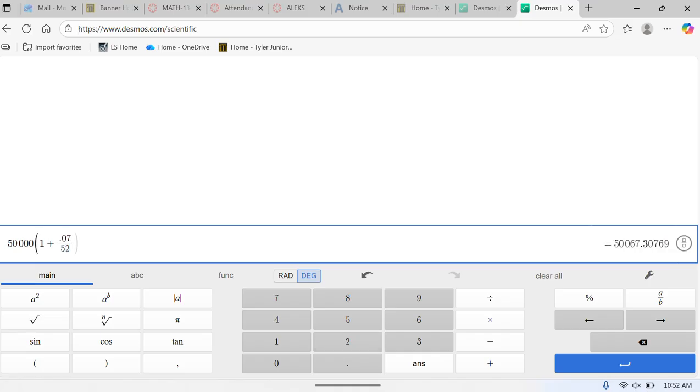I need to use the arrow over to get back out of there to do my parentheses. Then I'm going to do my a to the b to give my exponent, and I've got 52 parentheses 20. And that means at the end of those 20 years in that account, I will have $202,569.20. Okay, that is correct.